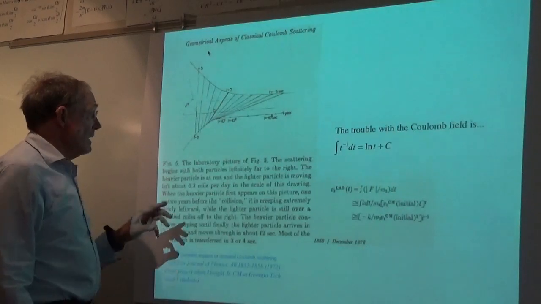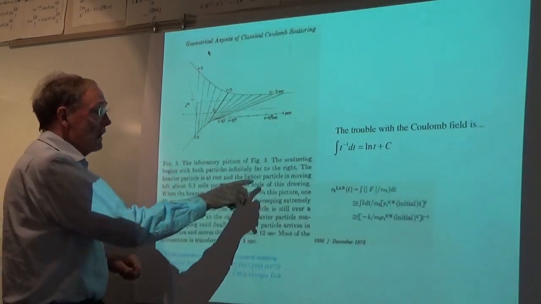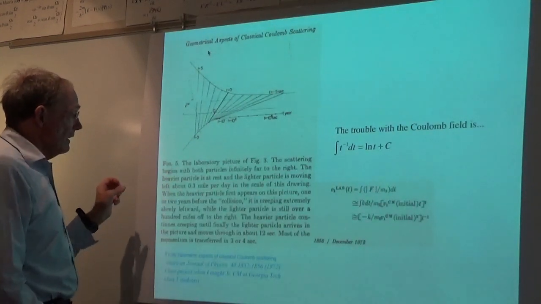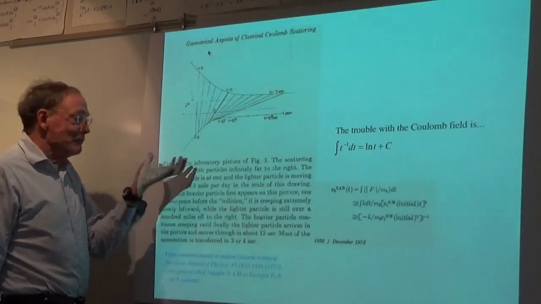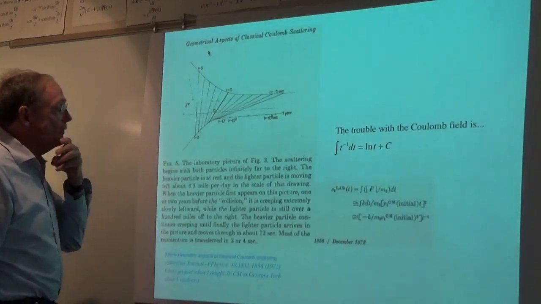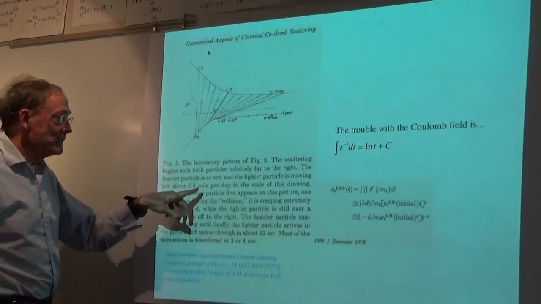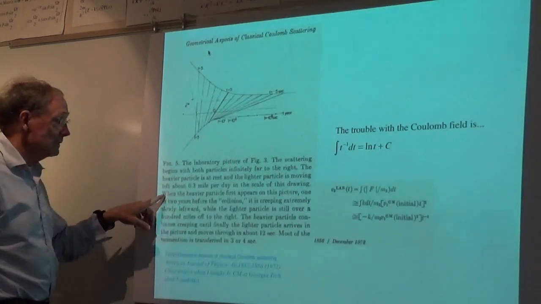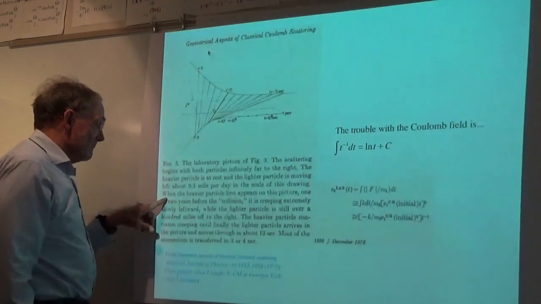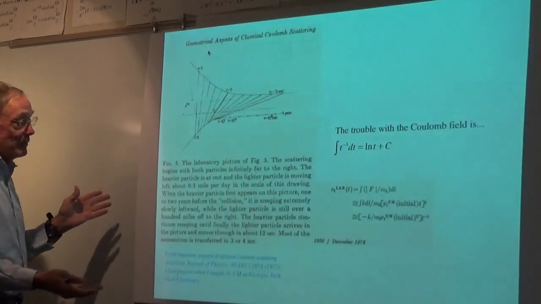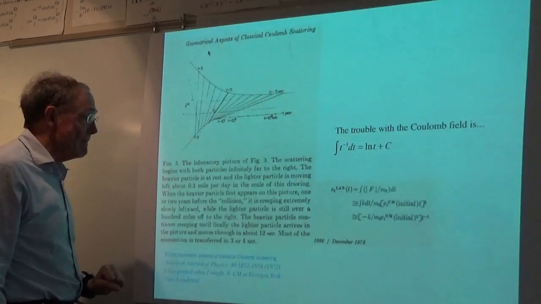Now the heavier particle is at rest then, and the light particle is moving to the left, and we've just made it 0.3 miles per day, which isn't very fast, sort of a creep, in the scale of the drawing. And this has all happened at infinity, but at some point the heavier particle will appear in this picture.